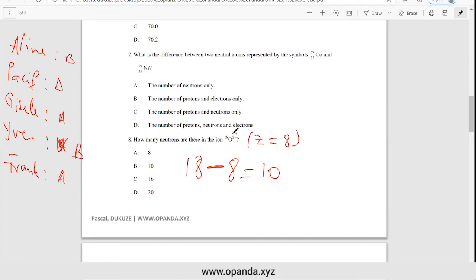So the fact that we have a charge here doesn't affect the particles in the nucleus. What changes is the number of electrons, and electrons are not in the nucleus. Neutrons are in the nucleus. They do not change whether an atom gains electrons or loses electrons.